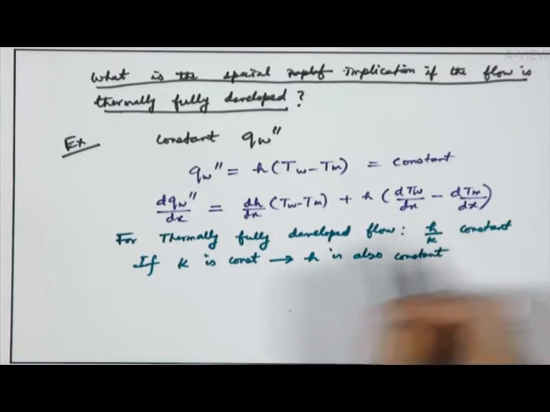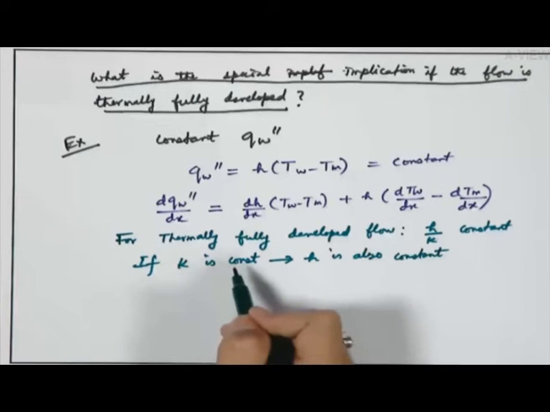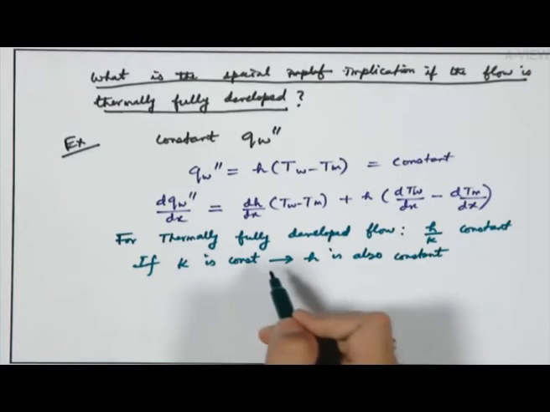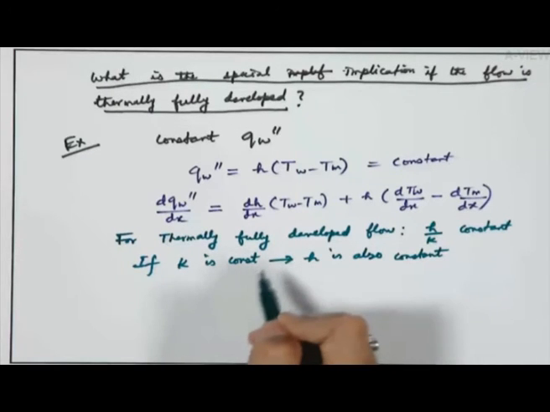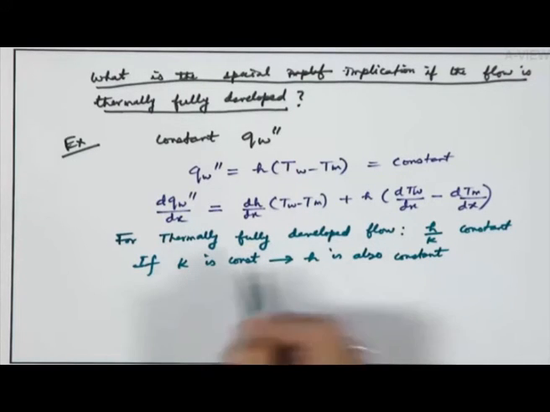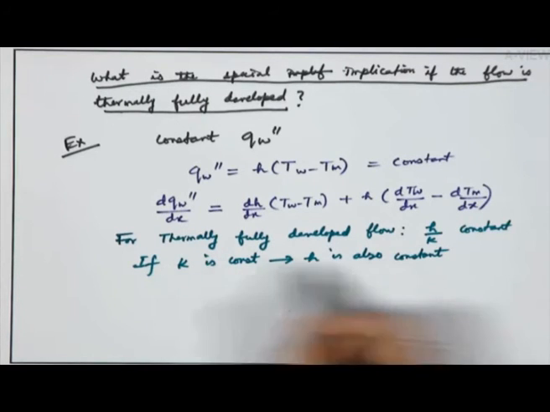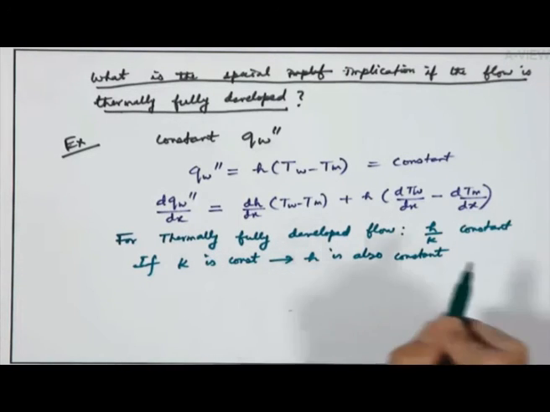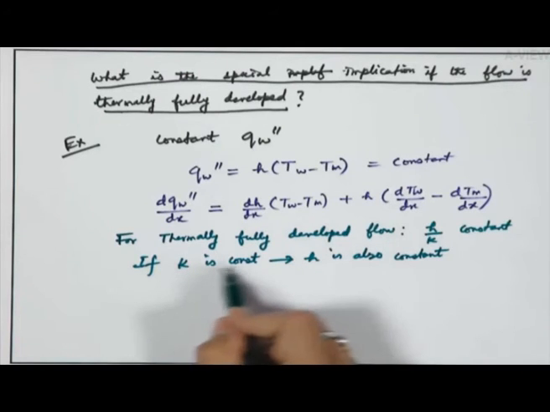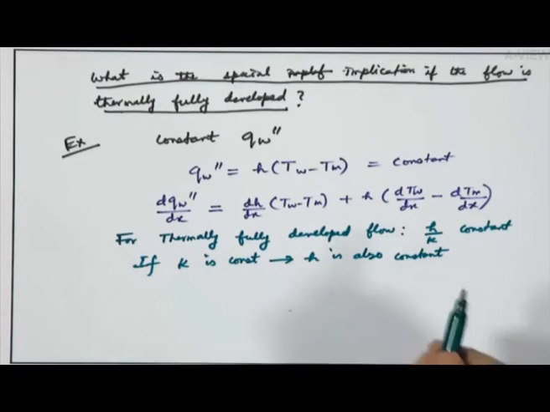And K being constant is not something very abnormal, because we have already considered the energy equation with constant properties. So constant property means K is constant, that means H is constant.